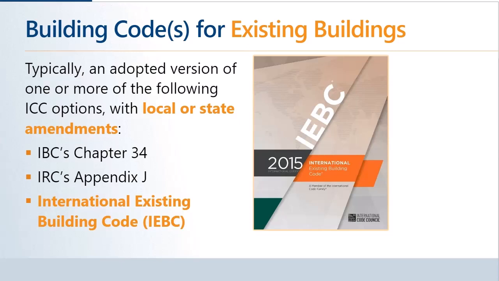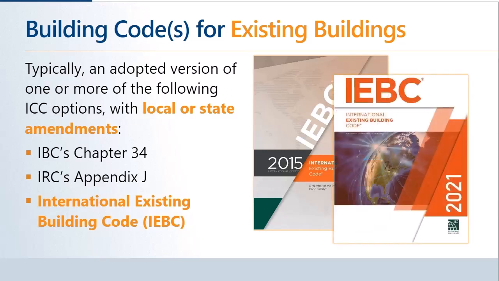But depending on where you're at, it might be Chapter 34 of the International Building Code or some version of Chapter 34. Chapter 34 is no longer in the Building Code, but some states do carry that forward. There's also, just so you know, an Appendix J in the Residential Code for those particular qualifying structures. And similarly, it's also a 3-year cycle, just like the Building Code.